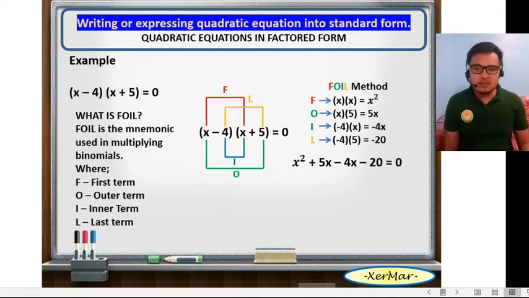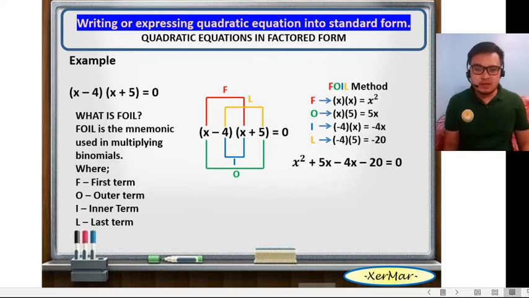Ma-positive man or ma-negative, as long as yung variable ay the same at parehas din yung exponent, the terms are similar.